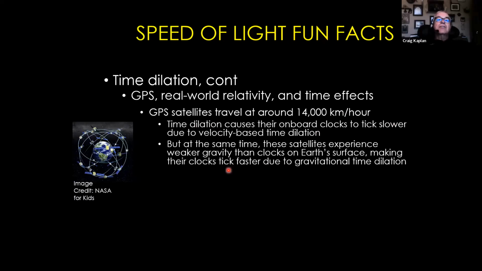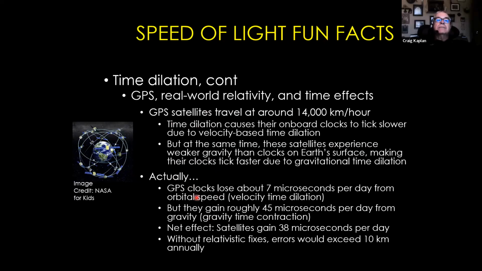But at the same time, gravity also causes time dilation, and the higher the gravity, the more time dilates. So whereas the speed causes time to pass slower for these satellites, the fact that they're not at the surface of the Earth and experience weaker gravity speeds up their clocks. So we've got two relativistic effects here due to speed and gravity.